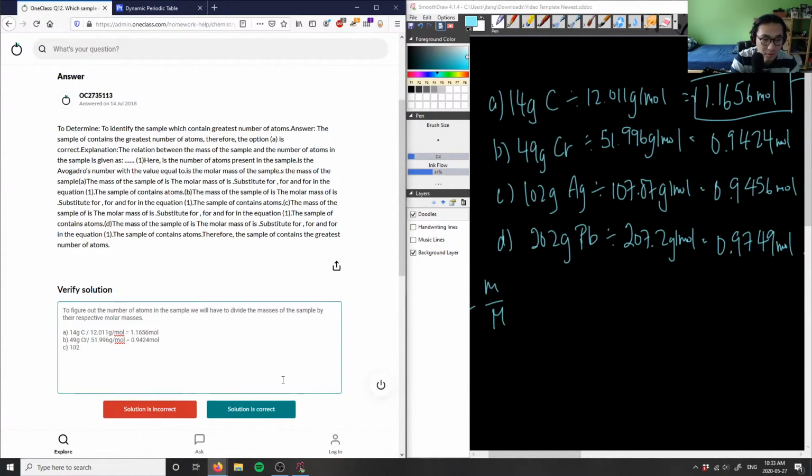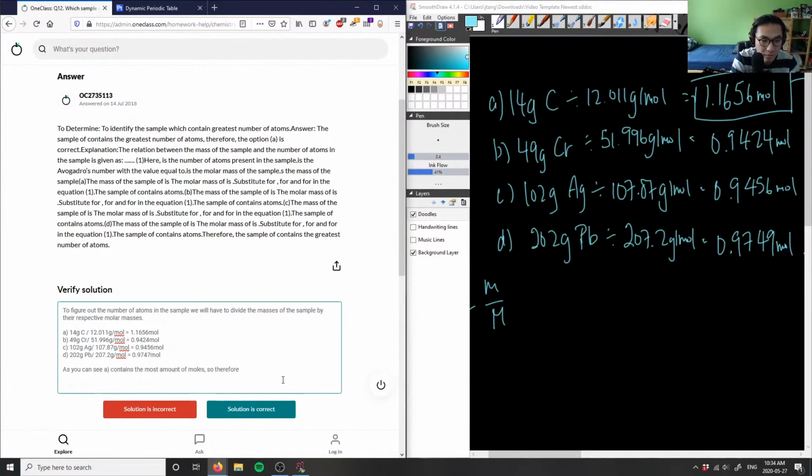C is 102 grams of silver divided by 107.87 grams per mole, giving us 0.9456 moles. And D is 202 grams of lead divided by 207.2 grams per mole, which gives us 0.9749 moles. And as you can see, A contains the most moles.